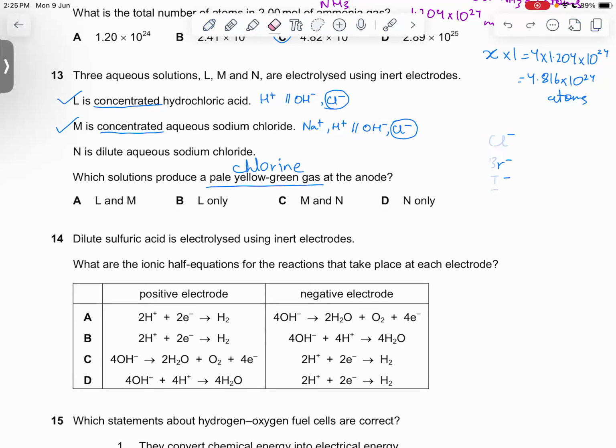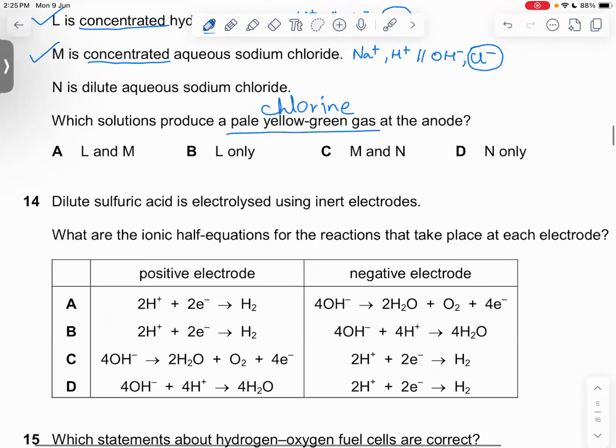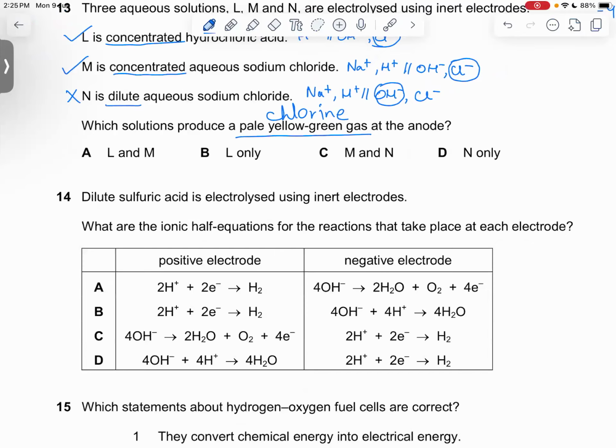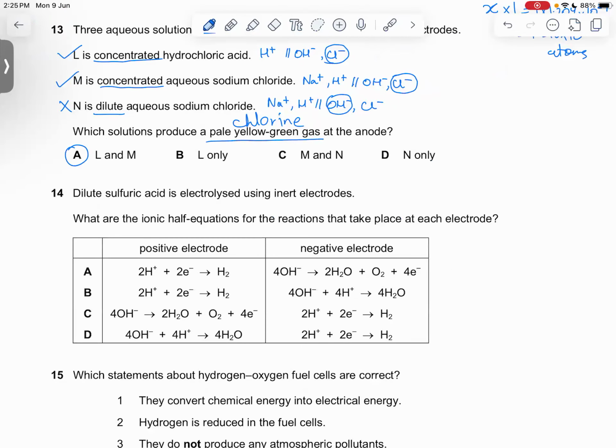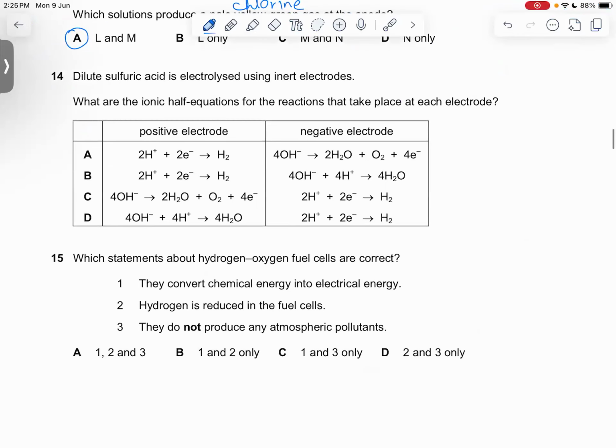If the solution is dilute, then the hydroxides get discharged, like we'll see in N. N is dilute aqueous sodium chloride, meaning it has Na positive, H positive, OH minus, and Cl minus. The same ions as above, but because it is dilute, at the anode the OH negative ion will go. So this is not the correct answer. L and M are the only two in which we will see pale yellow-green gas being produced, meaning chlorine.